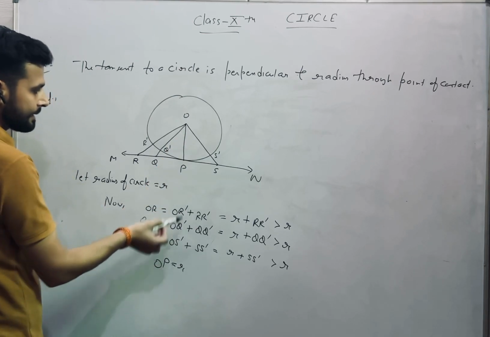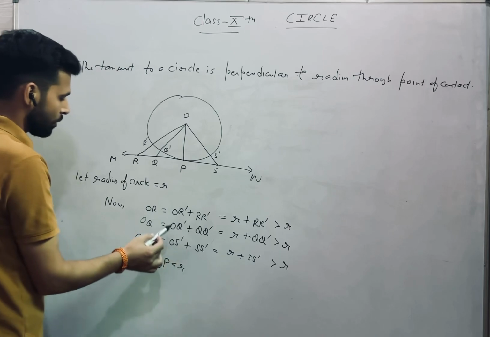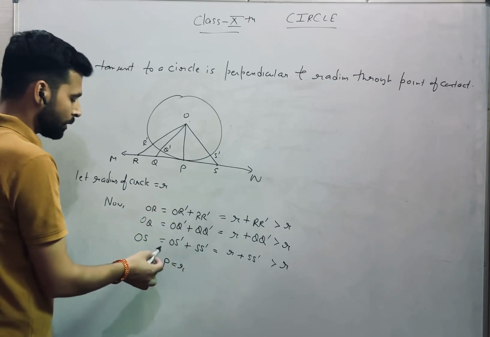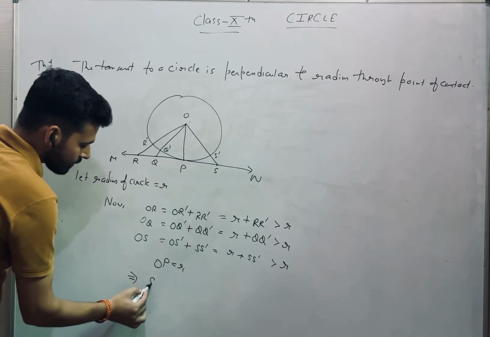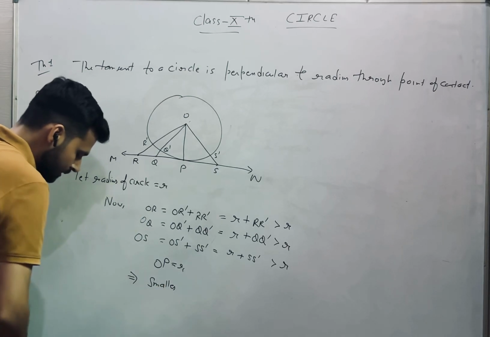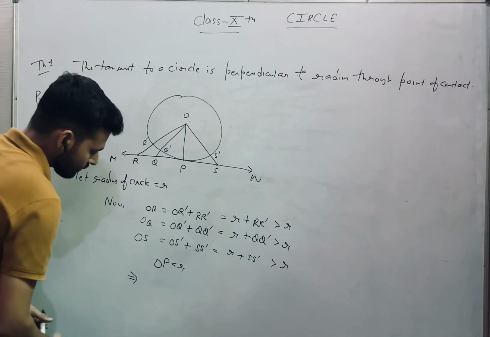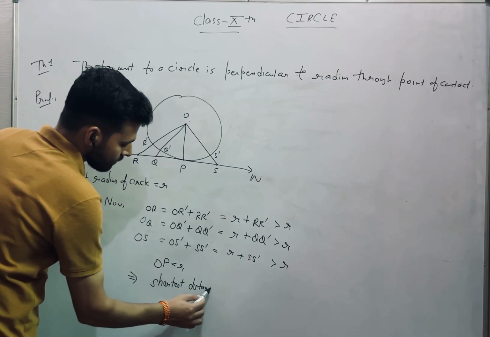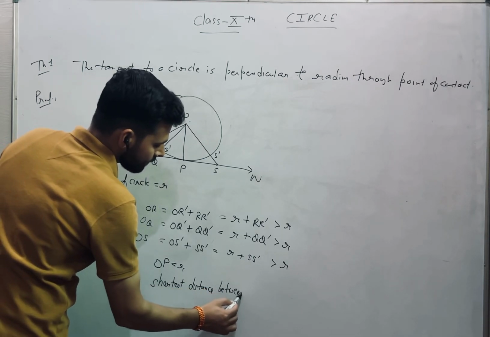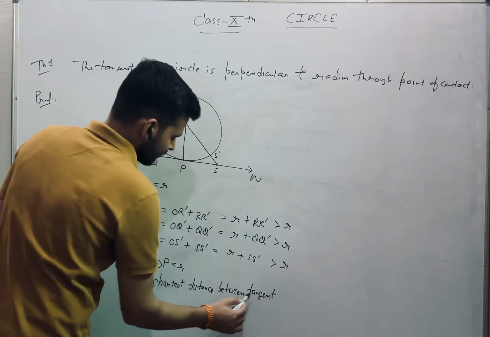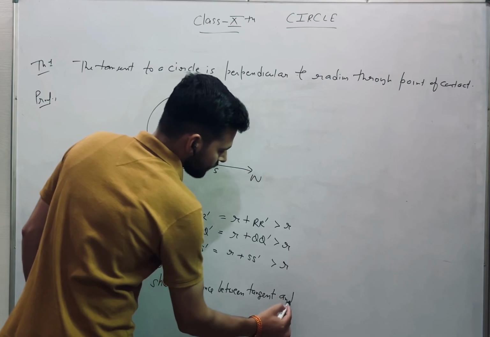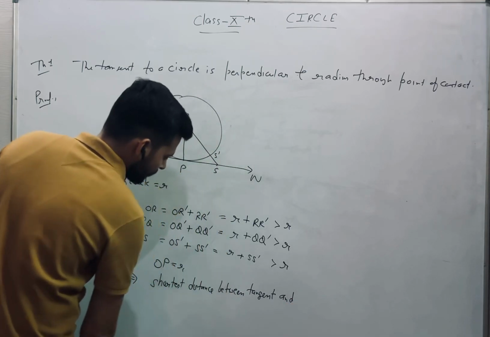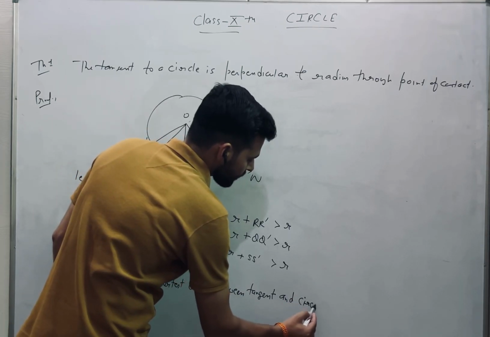All distances except OP are greater than R. All distances OR, OQ, OS, all these are greater than R, but OP is equal to R, which means the smallest distance, the shortest distance between the tangent and the center of the circle is OP.